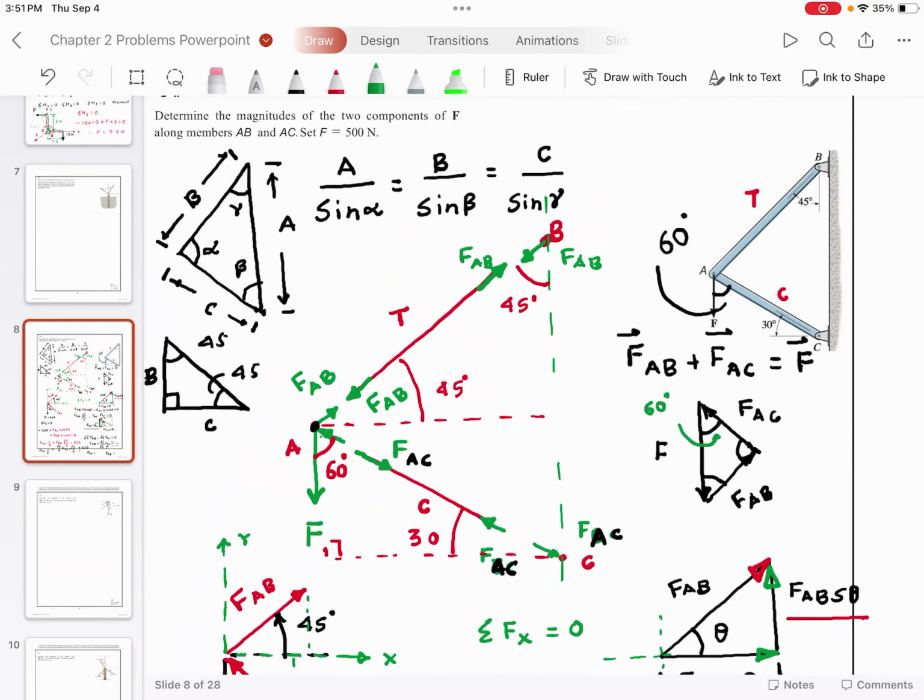Now, if you look at this angle, it is going to be 45 degrees. And if this is 60 degrees and this is 45 degrees, can someone tell me what this angle is going to be?